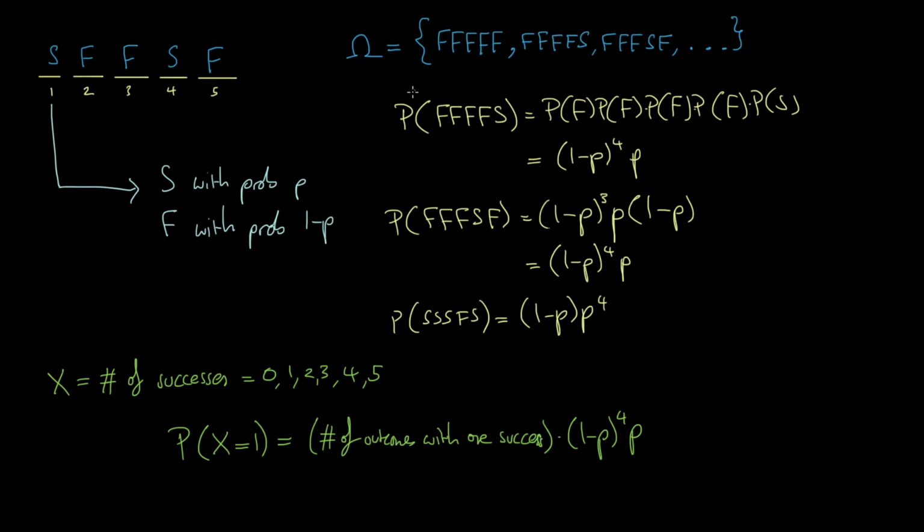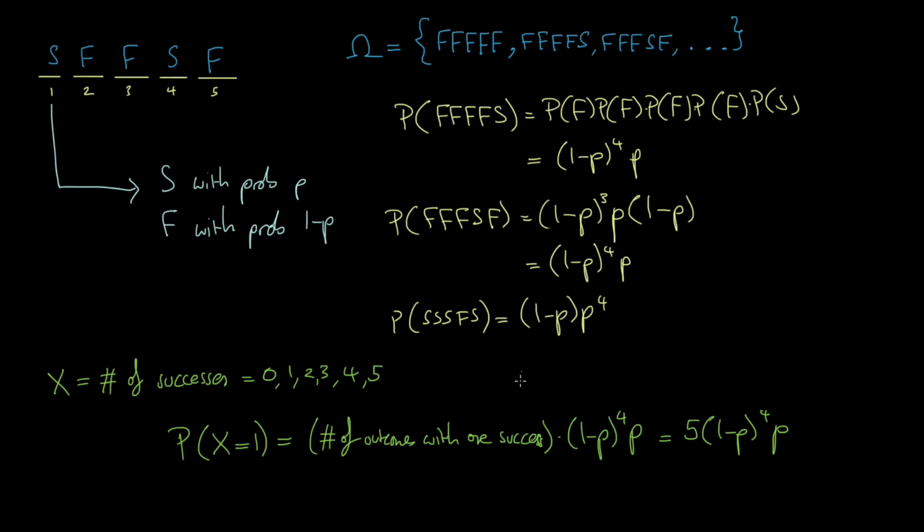And so there's 5 different ways to choose this single success. So the number of outcomes with 1 success is 5, and we can write the probability that x equals 1 is going to be 5 times 1 minus p to the 4 times p.